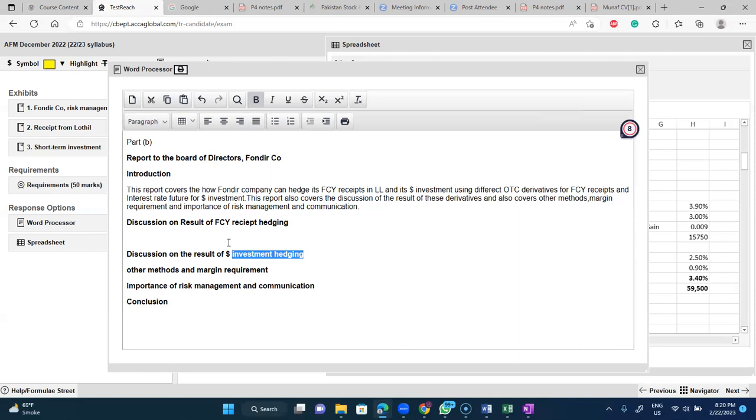Okay. Then you will briefly explain the margin requirement. Then you will discuss the importance of risk management, and obviously, what the benefits of risk management are. Number one benefit is that your financial risk will be in control. If you hedge your borrowing risk, your interest rate risk, your financial risk will reduce.